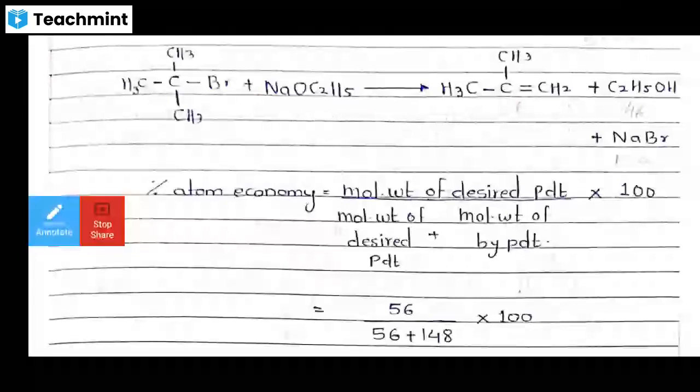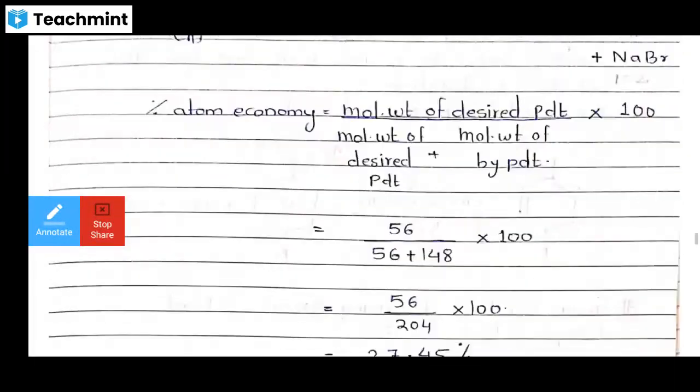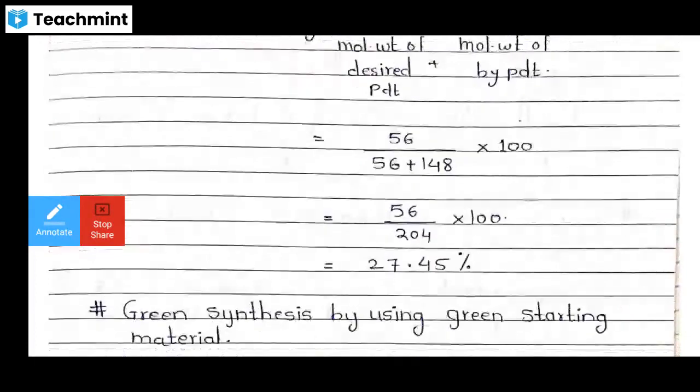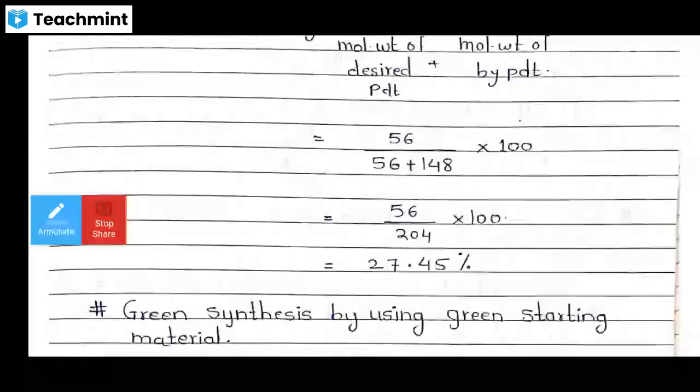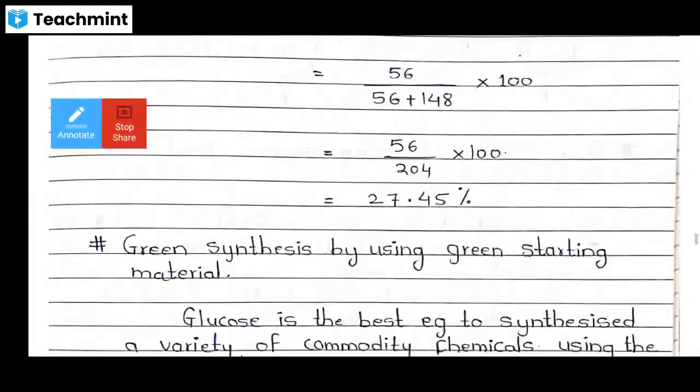So we have to take the addition mass of these two products, that is 46 plus 102, which is 148, and the desired product is 56 only. So if you perform the reaction, we will get 27.45%. Okay, the percentage of atom economy is very low, so it does not follow the green chemistry route.